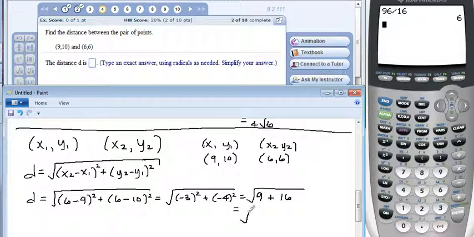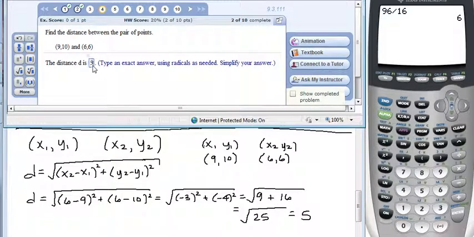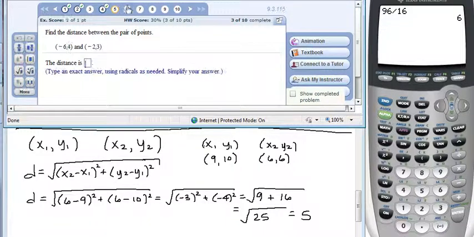And 9 and 16 make 25, and the square root of 25 is 5. That one was really nice. I like it. So let's say we were on a grid of some sort and each unit was worth a foot or whatever. They'd be 5 feet apart. Right? So that's how the distance formula works.